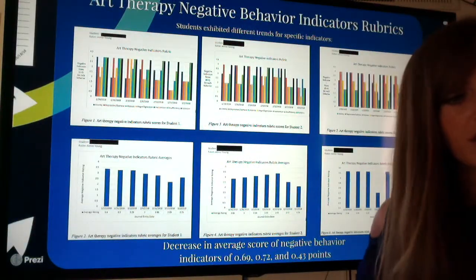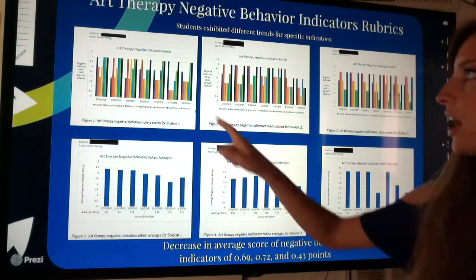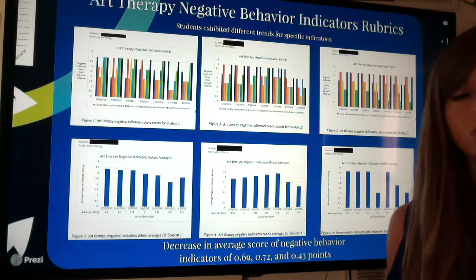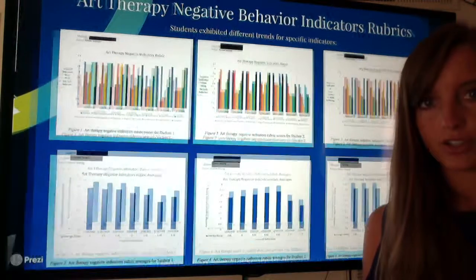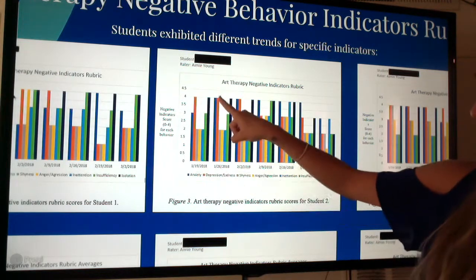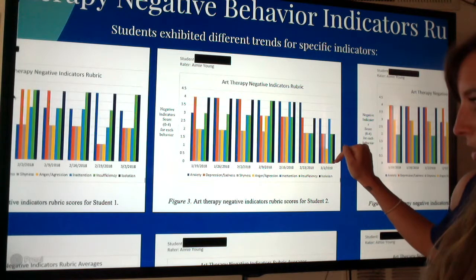As far as the art therapy negative behavior indicators rubric scores go, the top models show that different students exhibited different trends for specific indicators. So, for example, this student showed that the level of depression was consistent in the beginning of the study, but gradually began to decrease toward the end.